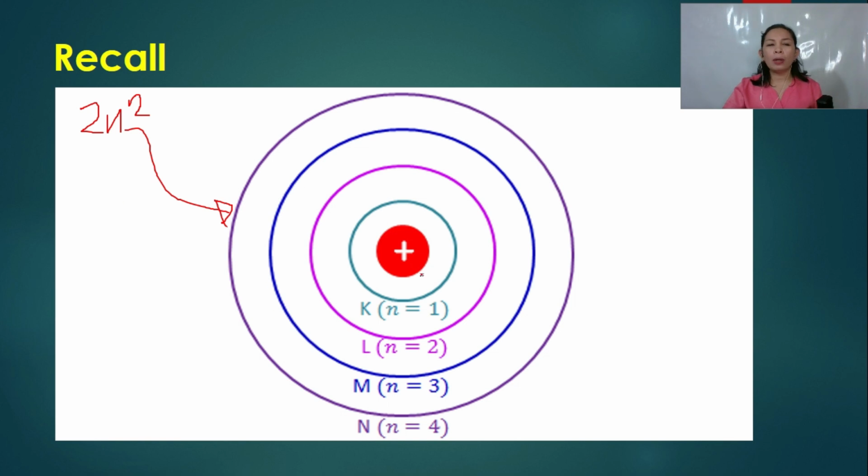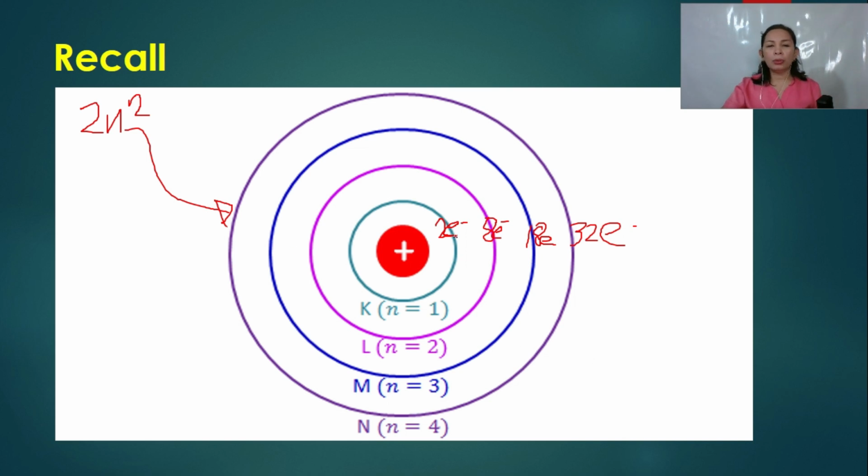Now, can you calculate the total number of electrons in a given energy level? So, if you answer 2, 8 in the second, 18 in the third, and 32 in the fourth energy level, then you are correct.